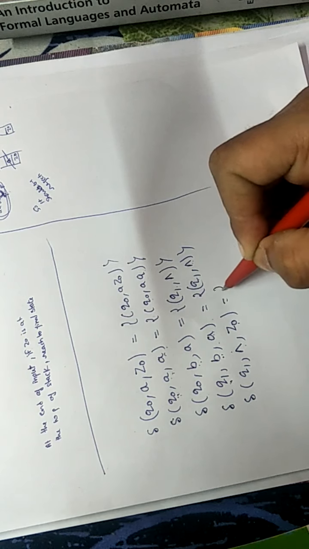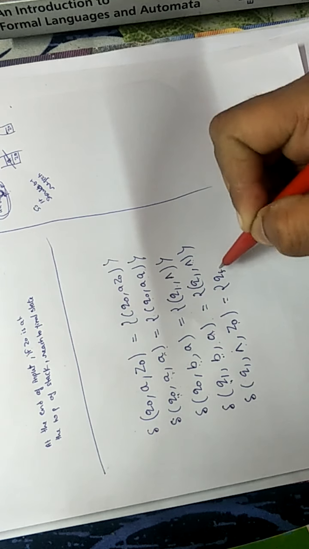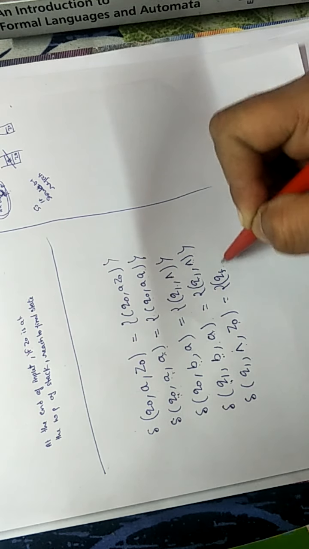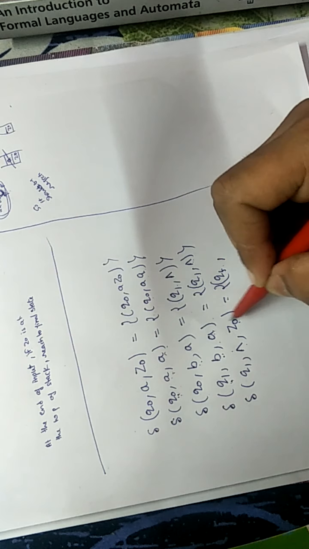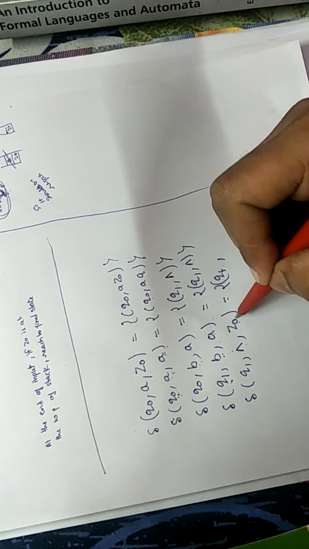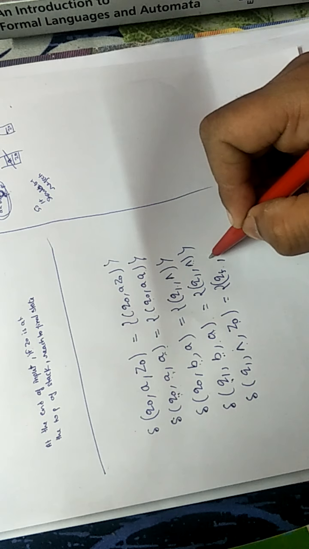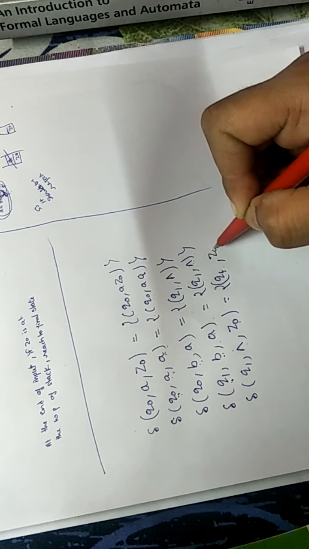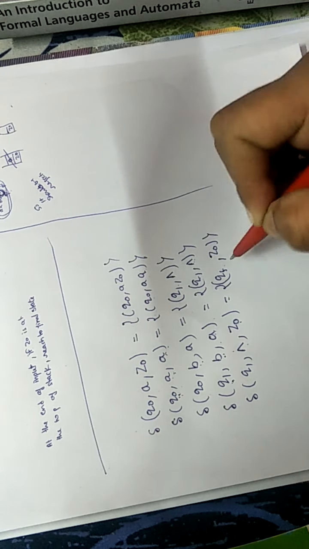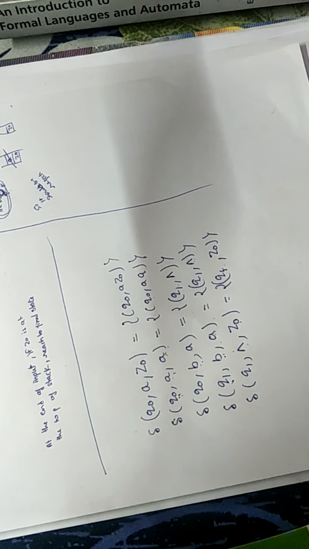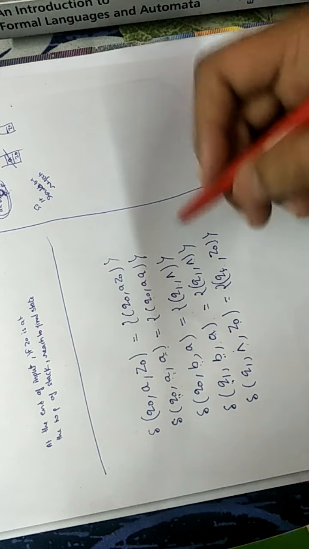What we need to do? We need to move to the final state, say QF. And what do we need to do for this Z0? We need to do nothing. We can leave it as Z0, using the do-nothing operation, or we can pop it.